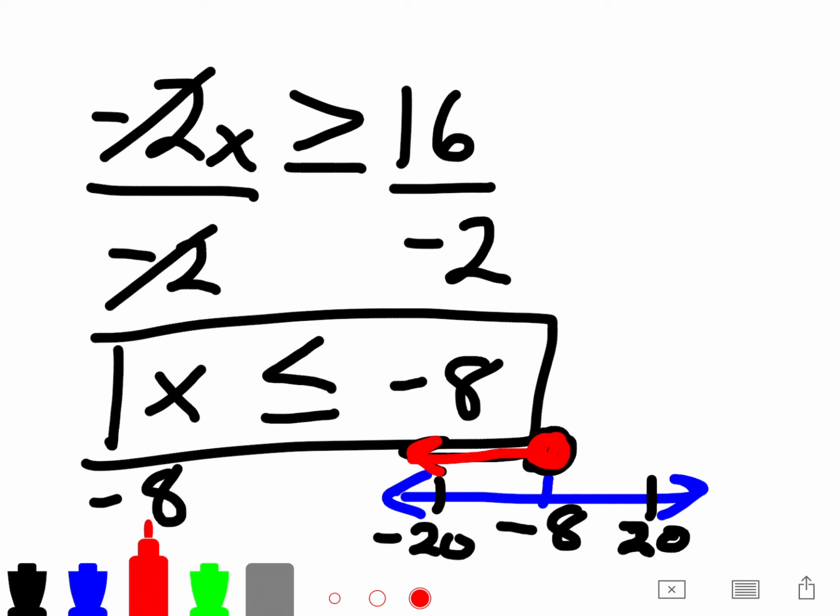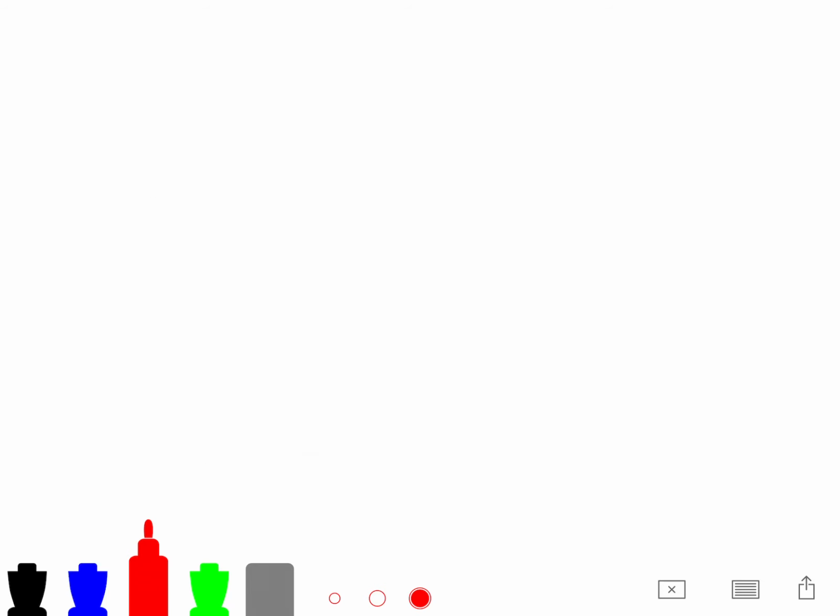Negative 8.00001 is less than or equal to negative 8. And so you've got all these answers. How do we represent that on a graph? Well, we start on the number line where it's true, and then we shade in all the areas where it's still true. Negative 20 is less than or equal to negative 8, and all the numbers behind it. Okay, so that is a crash course on how to do those.